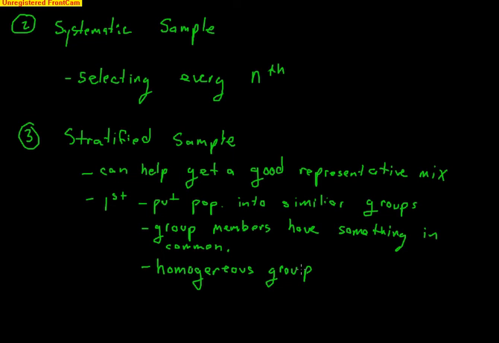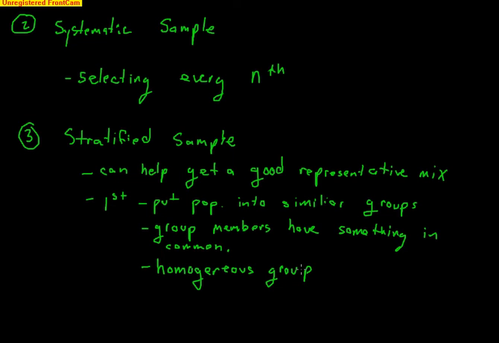If you're interested in how people are going to vote in the next presidential election, putting you into groups based on your hair color, all the brown hair in one group, all the black hair in one group, all the blonde hair in one group, all the redheads in one group, would be homogeneous groups. That would be stratifying, but I don't know if that would have any impact on what we're looking at.